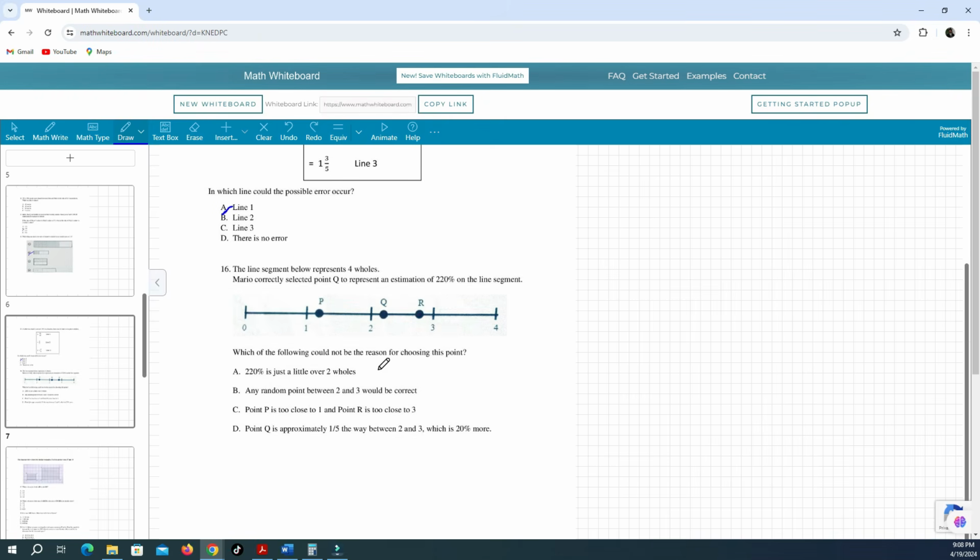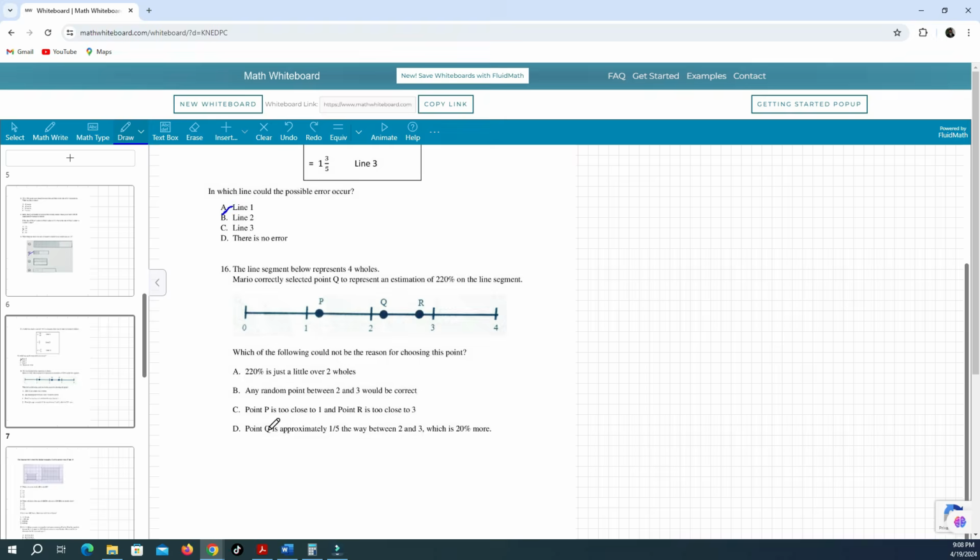Which of the following could not be the reason for choosing the point? Oh, I see. 220% is just a little over 2 wholes. That's a good reason. I think that's why I chose that. So I don't think that is the answer. Any random point between 2 and 3 would be correct.